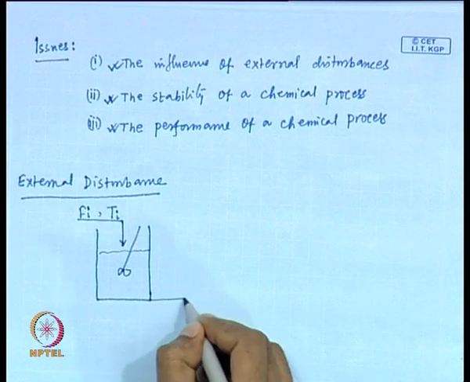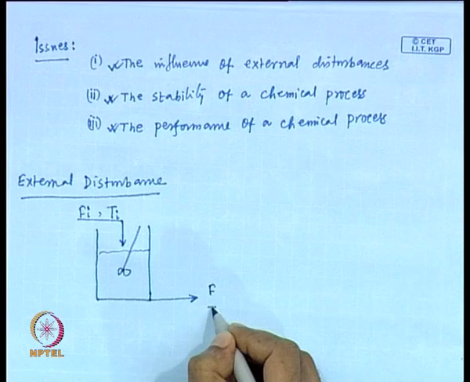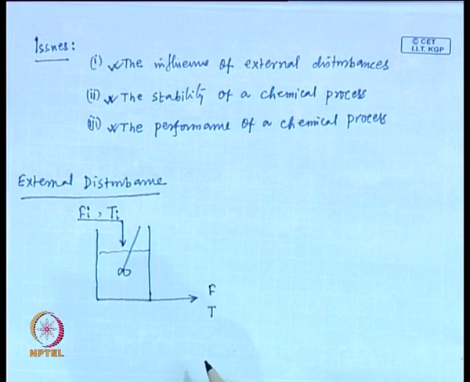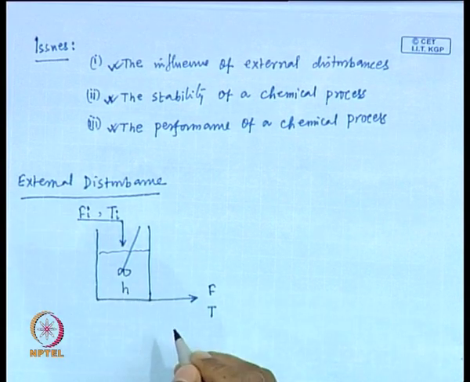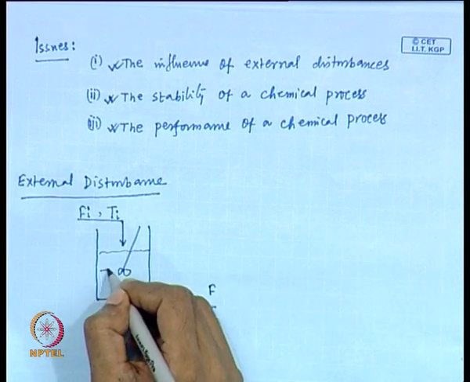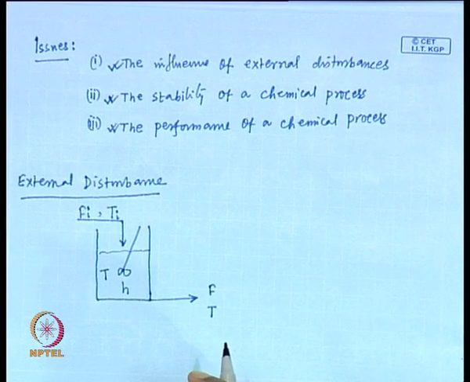The outlet stream flow rate is F and temperature is T. Now, the liquid in this tank has the height of H. Definitely the temperature is also T, because we are considering a stirrer.